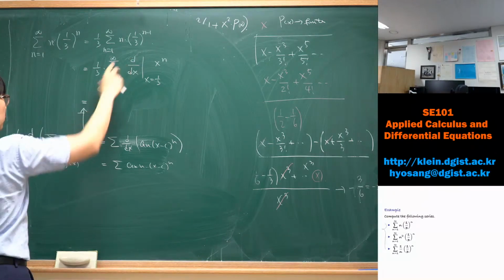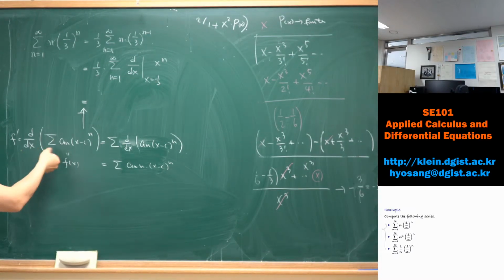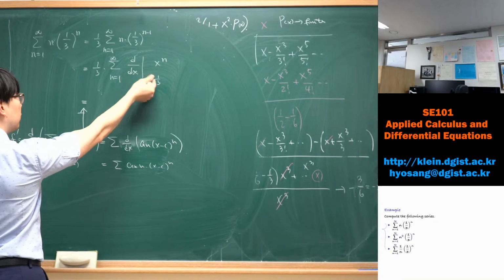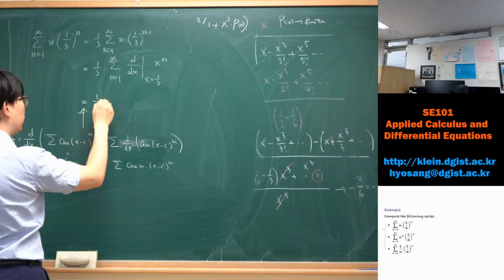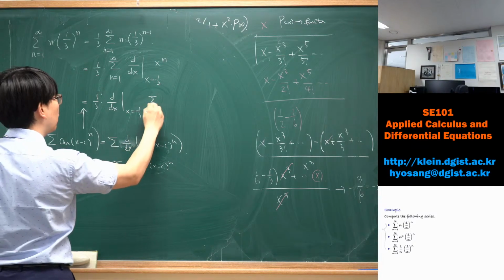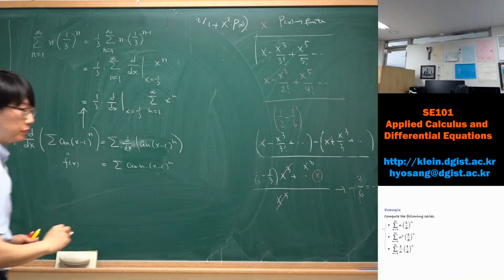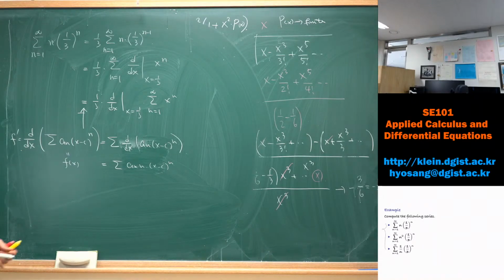So it means that I can move my d/dx to the outside of the summation freely, or make it into the inside of the summation. So take this d/dx outside of the summation. We have 1 over 3 d/dx at x equals 1 over 3 of the sum from n equals 1 to infinity of x^n.